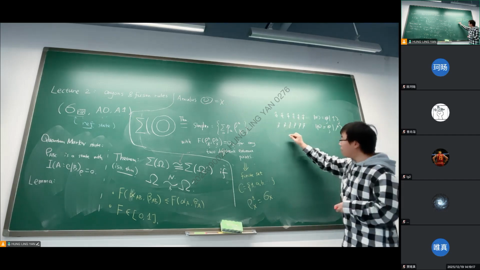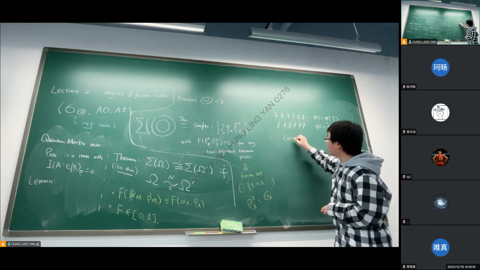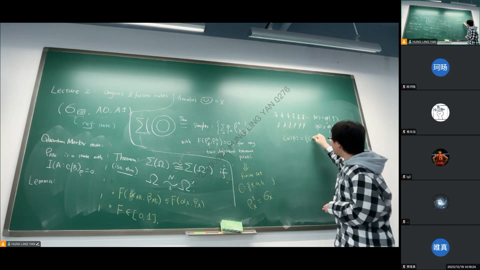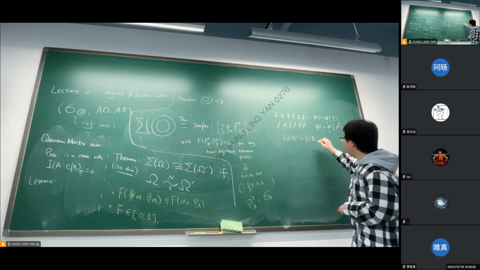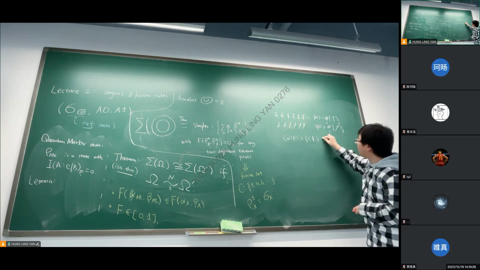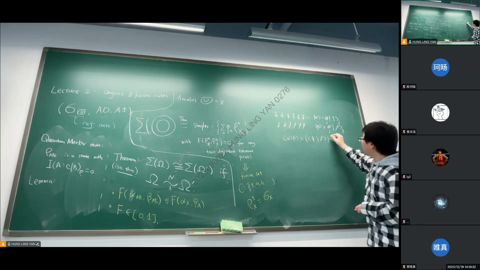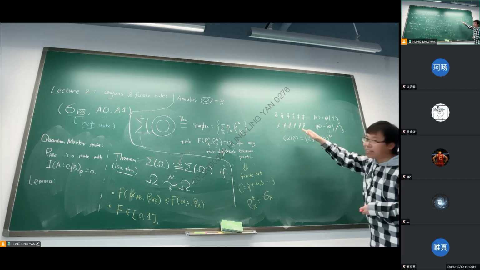Now let's consider the overlap between alpha and beta. Of course, they are not the same state, but the overlap is the overlap between one up spin and one rotated spin, to the nth power if we have n spins.